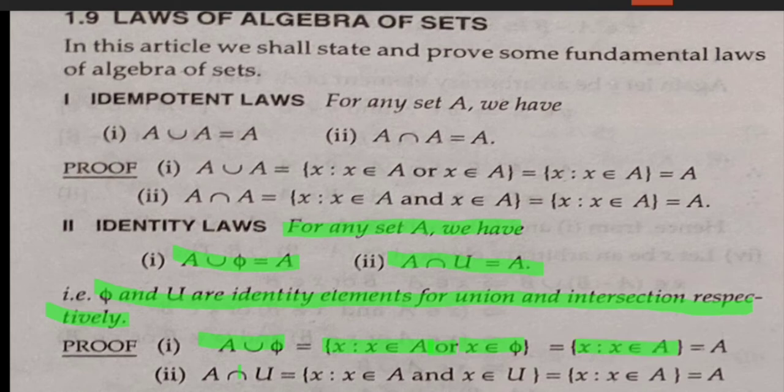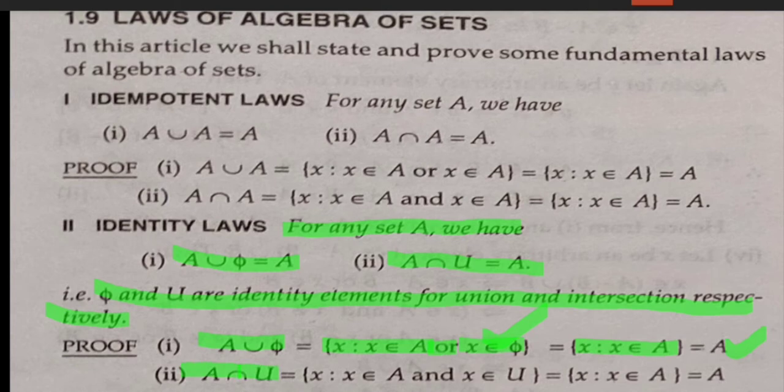Since there is no element in set phi, directly we can write it as X such that X belongs to A. That is nothing but A only.